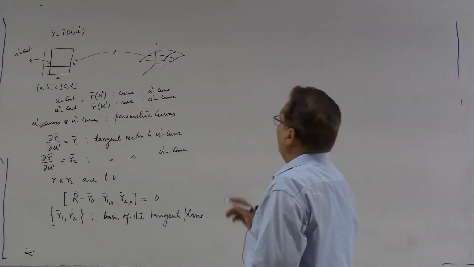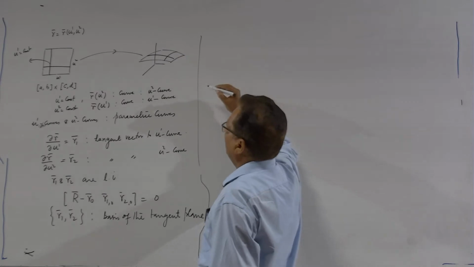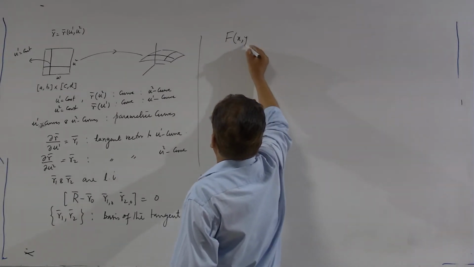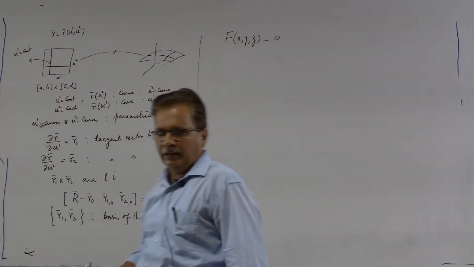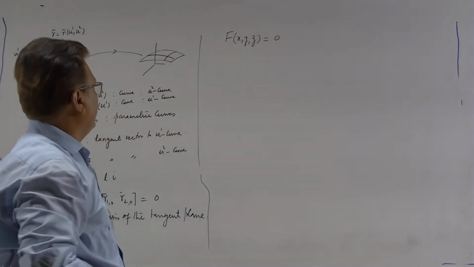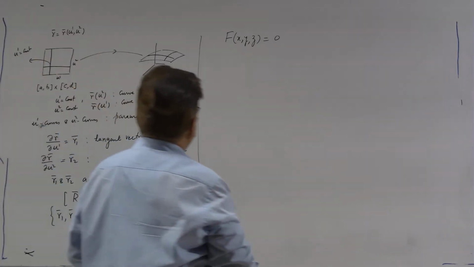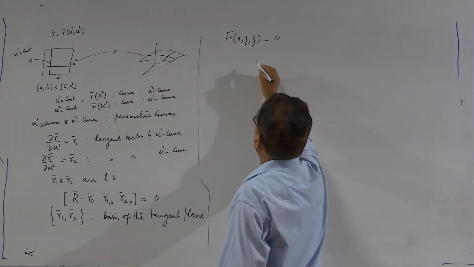Now, we also discussed some other type of equation. For example, we consider an equation of this type on R3, and we observed that this also represents a surface, and this equation of a surface is called the implicit equation.